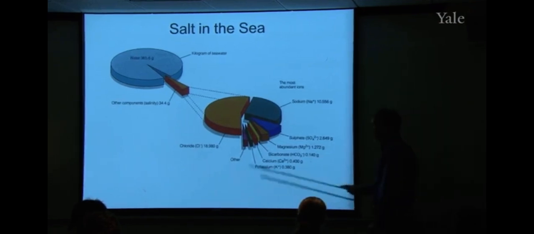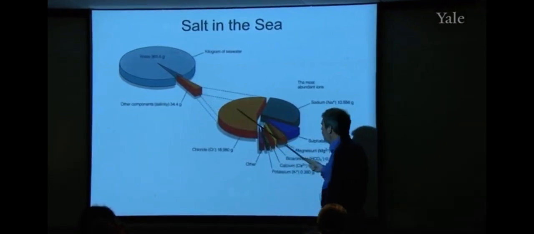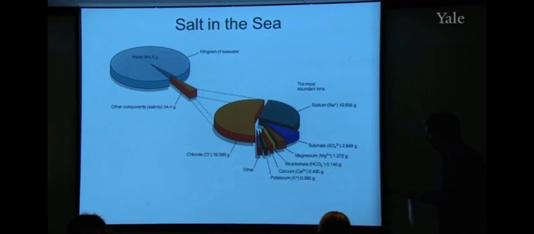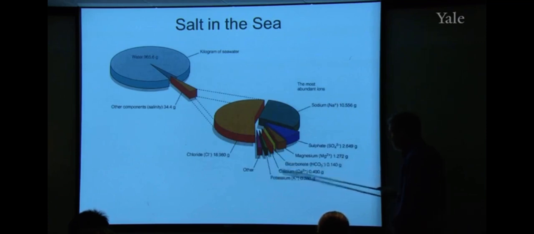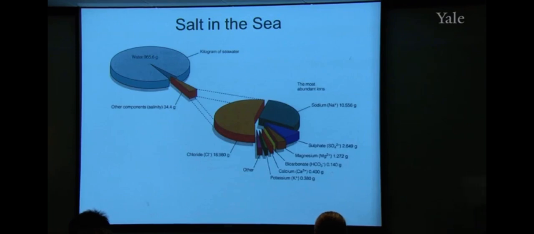And then if you break up that little salt wedge into its chemical compositions, you get this little pie chart here. And it shows the most abundant ions. So it's assuming that these chemicals break apart when they dissolve in the water into their positive and negative ions.